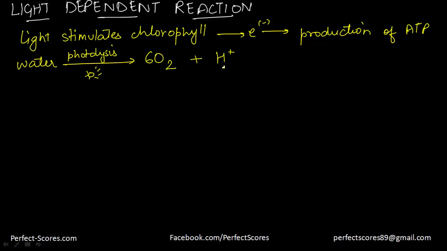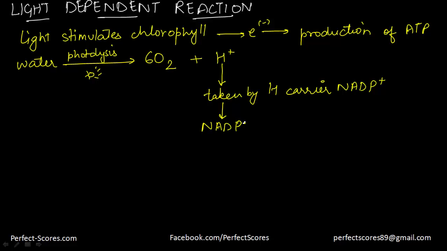The hydrogen is taken up by a hydrogen carrier, which is NADP positive, to form NADPH. The splitting of water also releases electrons which help to replace those that were lost by chlorophyll.